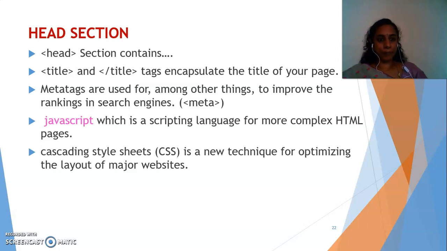So the complete script, whatever you are going to write, should be embedded within the head tag. So that's the significance of the head tag. The head section usually will have the script tag, with type as an attribute. So we will see shortly how we do the script tag.